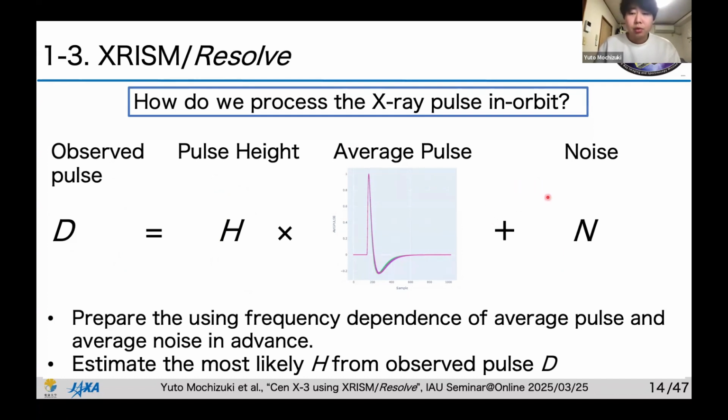Through the least squares method, we determine the H value that minimizes the chi-square and enables fitting of D, which allows us to obtain the arrival time, energy, and so on.